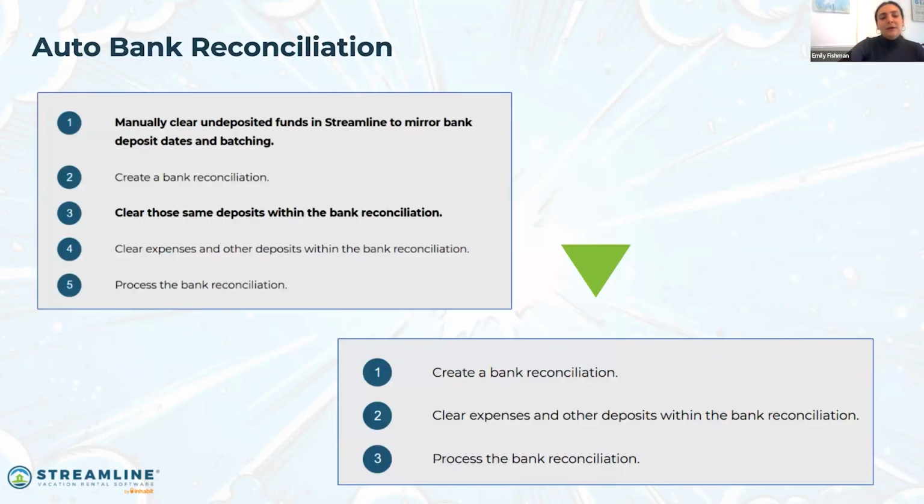Next one, again, we want to talk about automation here. If you're using Streamline, as well as Lynbrook, who is in the Inhabit ecosystem as well, we have a feature you can enable called auto bank reconciliation. And you don't have to be an accountant to know this: anyone who's ever tried to reconcile for the month knows that it takes so much time and there is so much manual going back and forth.